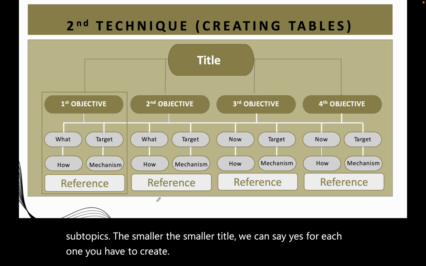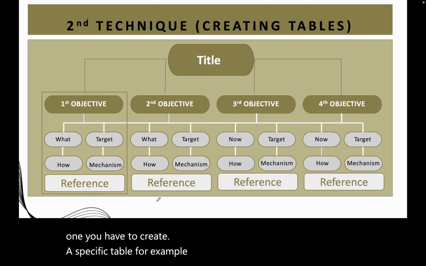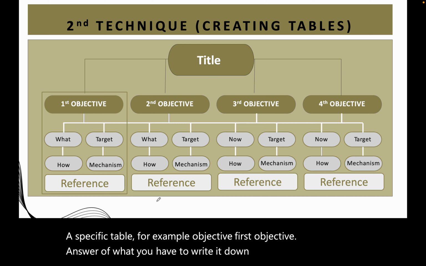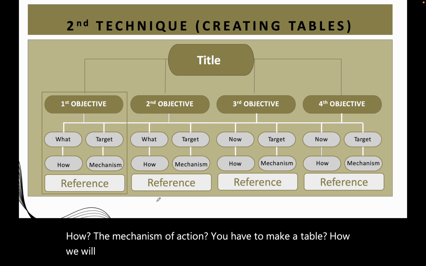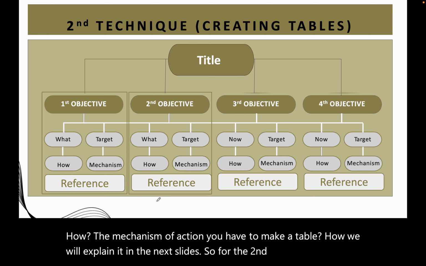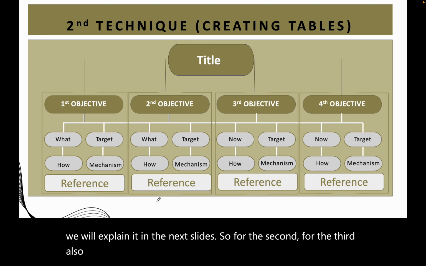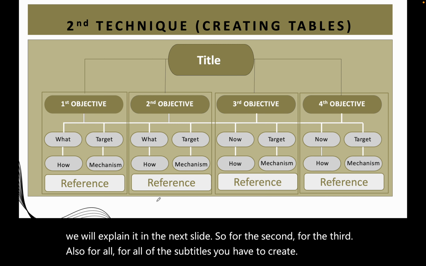For example, the first objective: what? Answer of what? You have to write it down. Targeted of what? How? The mechanism of action. You have to make a table. How? We will explain it in the next slides. So for the second, for the third, also for all of the subtitles, you have to create specific tables.